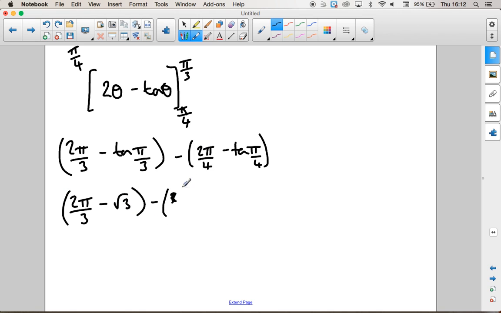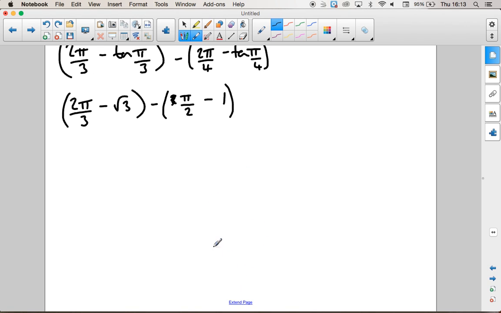Well, that's just pi over 2 here. And tan of pi over 4 is 1. So we have got 2 pi over 3 minus root 3 minus pi over 2 plus 1.